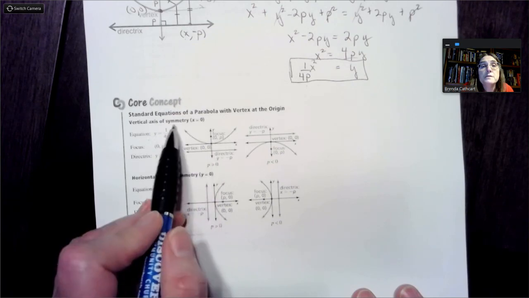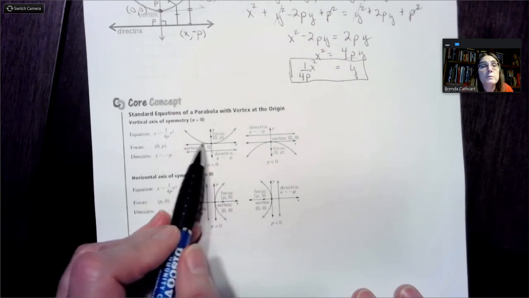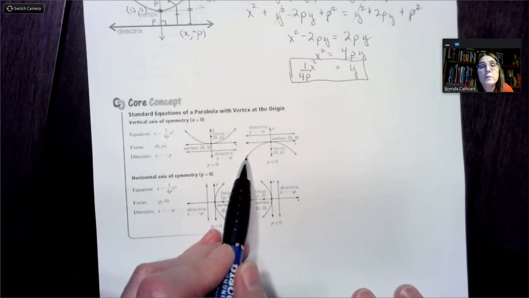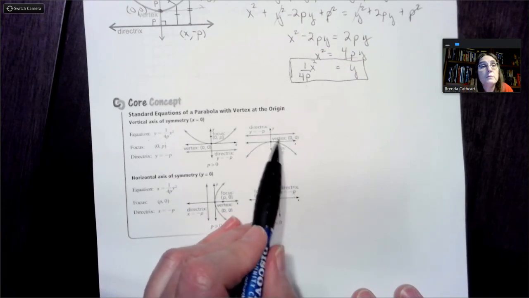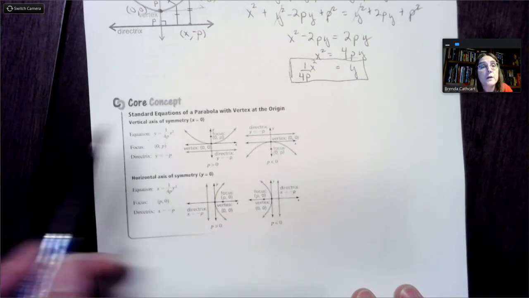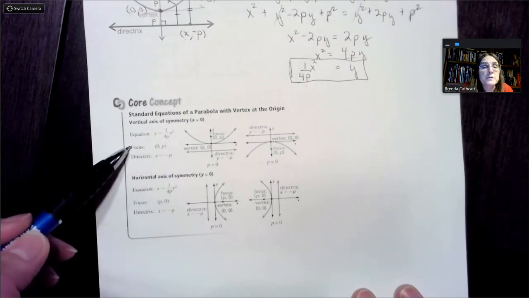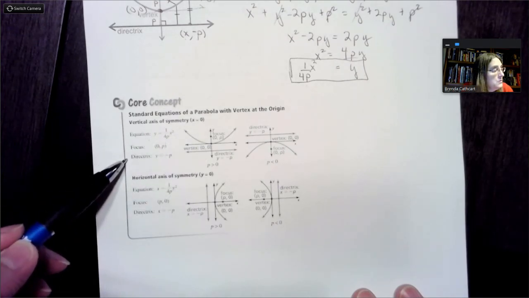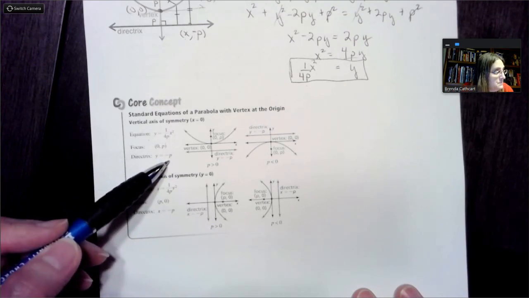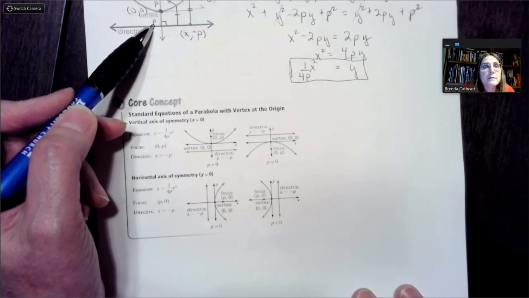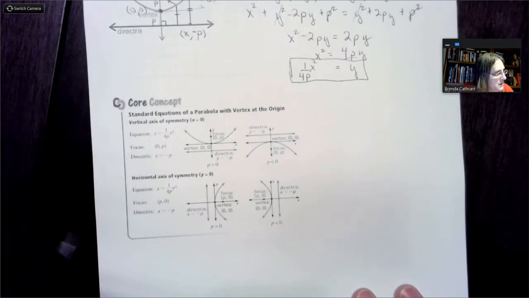If p is positive, the parabola is going to be opening up. If p is negative, it's going to be opening down. Our vertex is at the origin, our focus is at (0, p), and our directrix is at the line y equals negative p.